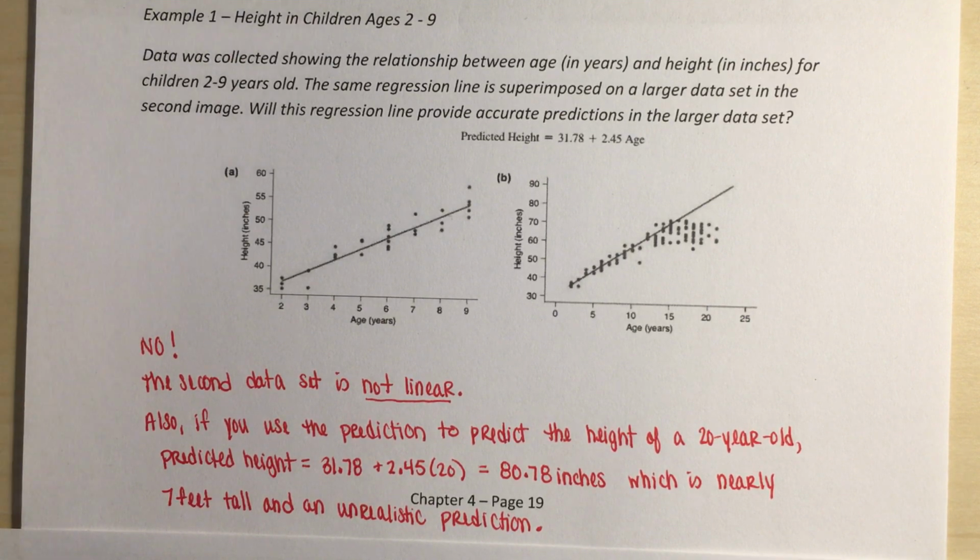Nearly 7 feet tall is an unrealistic prediction for your average person. So we can't extrapolate beyond our data set, because our relationship may no longer be a linear relationship. It could be something that changes, and we could get very unrealistic predictions, as we do in this case.